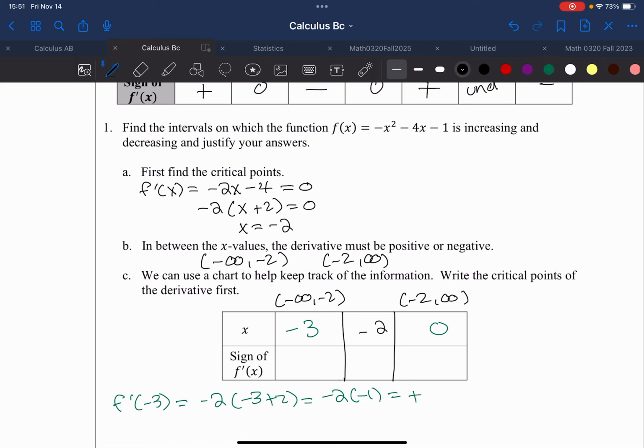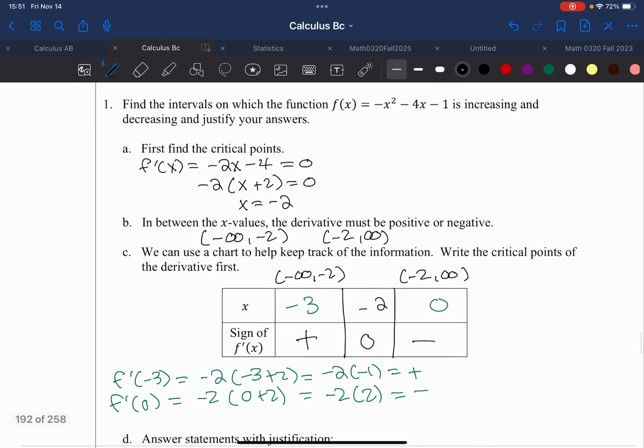So I have a positive value here. And then I'm going to try 0. f prime of 0 is equal to negative 2 times 0 plus 2, which gives me negative 2 times 2, which is negative. And remember, we got negative 2 because we set our derivative equal to 0, so this sign is 0, meaning there's a 0 slope at that point.